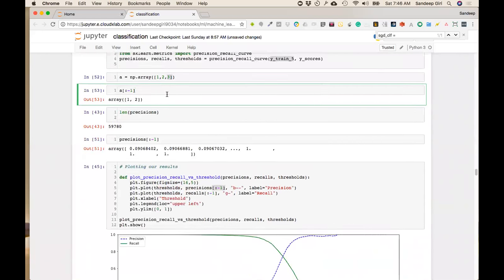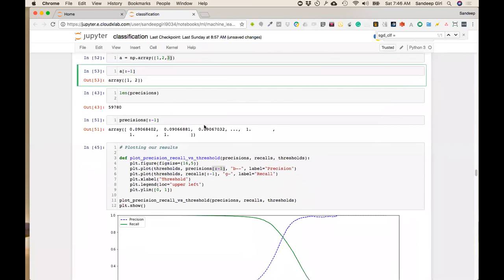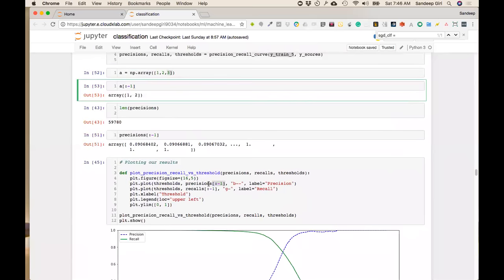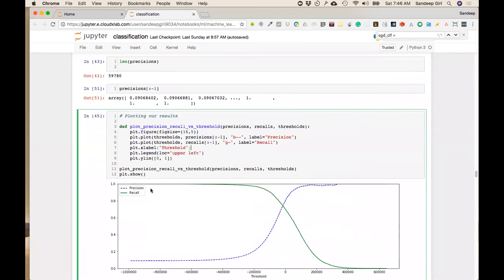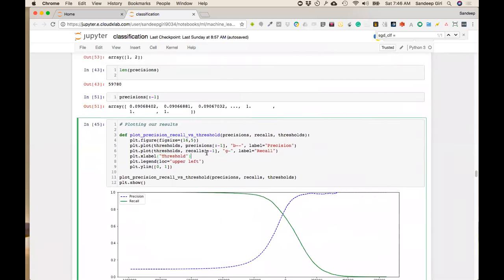All right. So our hypothesis was right. It is essentially removing the last value. For some reason, I think the extreme one is what is being removed. I think I got it.